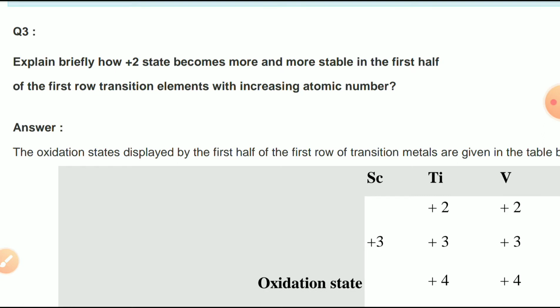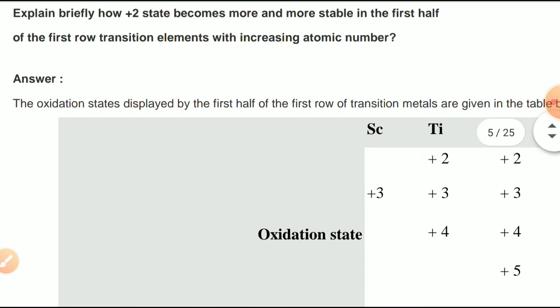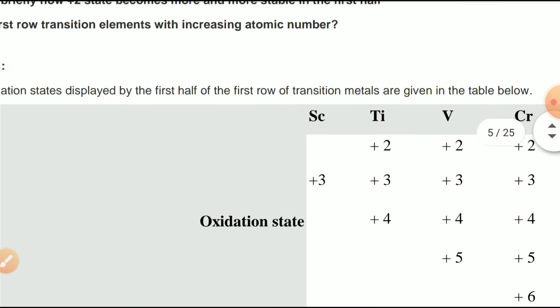Then question number 3, explain briefly how +2 state becomes more and more stable in the first half of the first row transition elements with increasing atomic number. Answer: oxidation states displayed by the first half of the first row transition elements are given in the table.